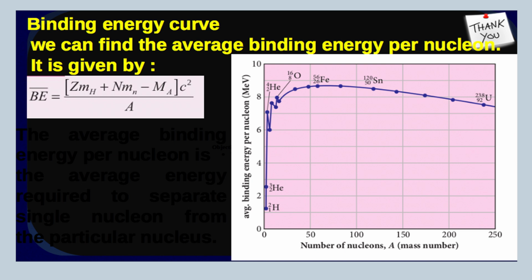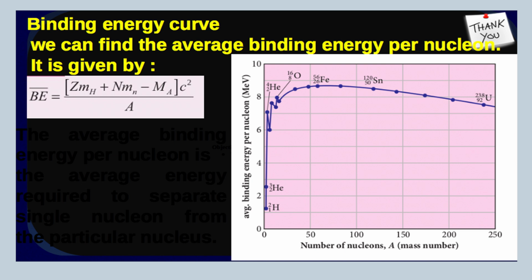So, the total binding energy is calculated using the formula Z Mp plus N Mn minus M multiplied by c square, divided by A, and this is the plot which is used to show the stability of a nucleus. Initially, on the lower side of atomic or mass numbers, the binding energy is very low for hydrogen, helium and so on, and it increases up to iron, and then it starts decreasing.